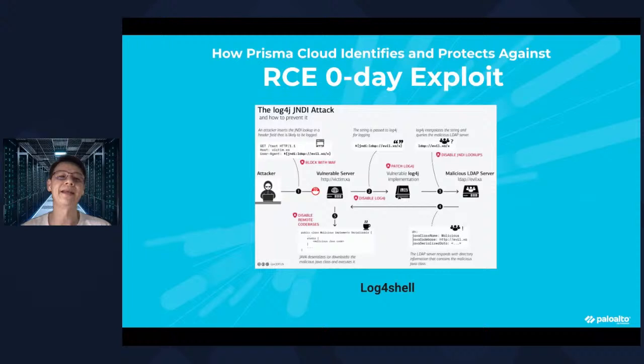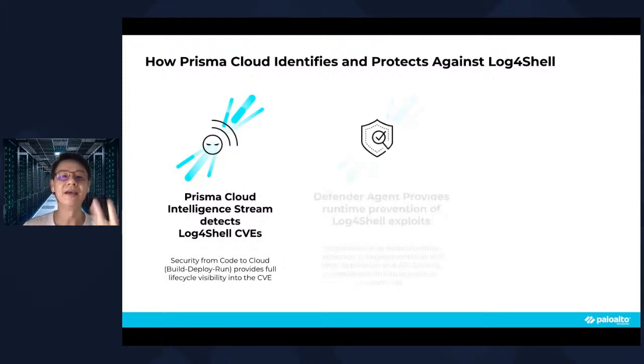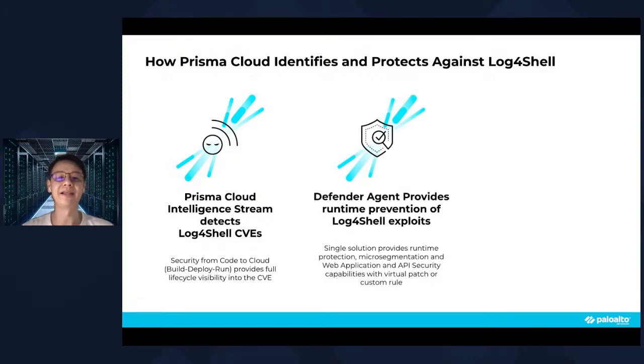Then I had to explain that, as you remember, we provide number one, visibility and risk management, and also automation, which can be used to identify and protect against 0-day attacks as well. In this case, it's Log4Shell. Let's go through that. Number one, Prisma Cloud has an intelligence team to detect Log4j. Number two, we have Defender, the runtime defense for cloud workload protection, which makes sure that when misbehavior happens in your application, it will be prevented.